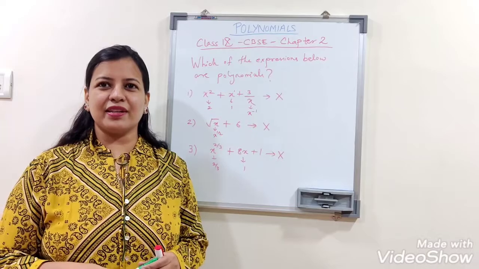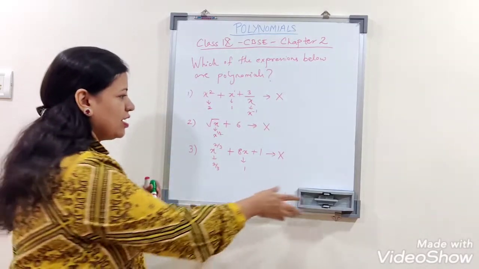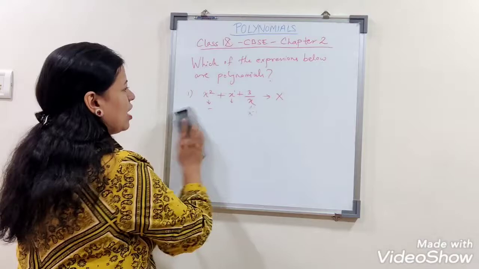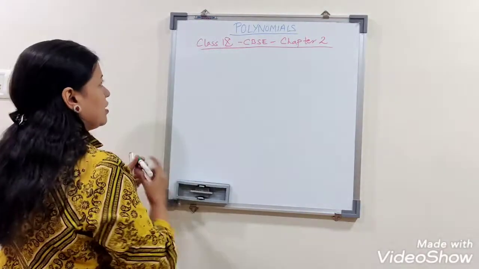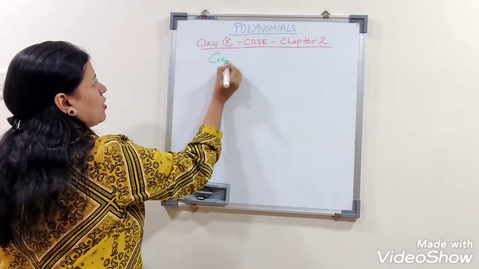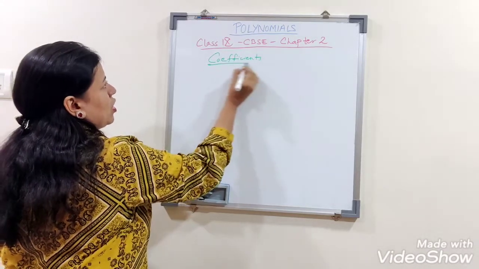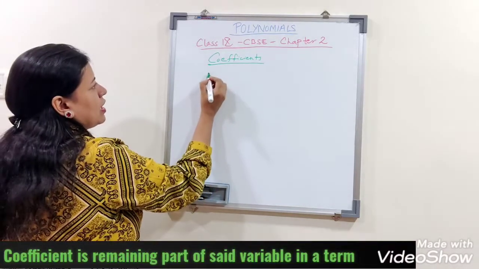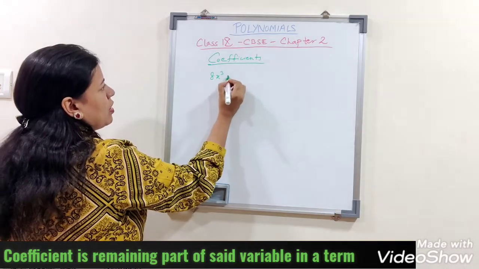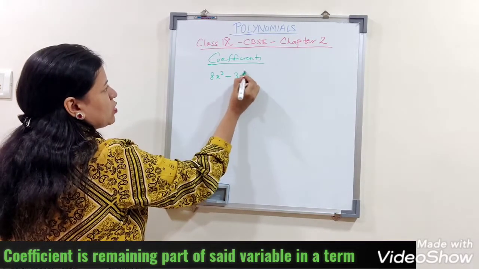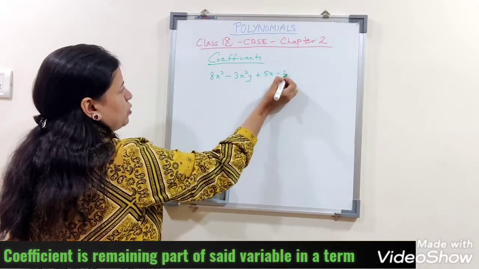Now let us come to the next terminology in this chapter called coefficients. Now what are coefficients? Look at this example, polynomial expression 8x cubed minus 3x squared y plus 5x minus 2.